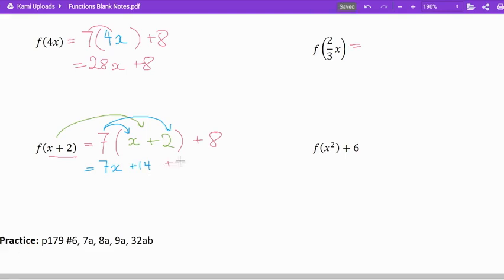And then there's an 8 after. Do I multiply the 7 and the 8? No, they're not related. And now I simplify further. The 7x cannot be simplified. The 14 and the 8 can be added. So I get 7x plus 22.